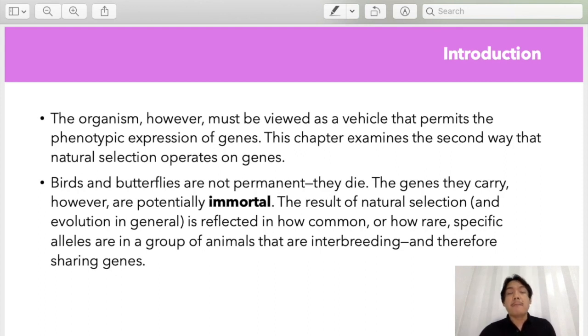This lesson will talk about how genes are acted upon by natural selection. From the previous presentation, we talked about the occurrence of evolution based on the existing theories by Malthus, Wallace, Darwin, Lamarck, and the previous pre-Darwinian contributors of the theory of evolution.